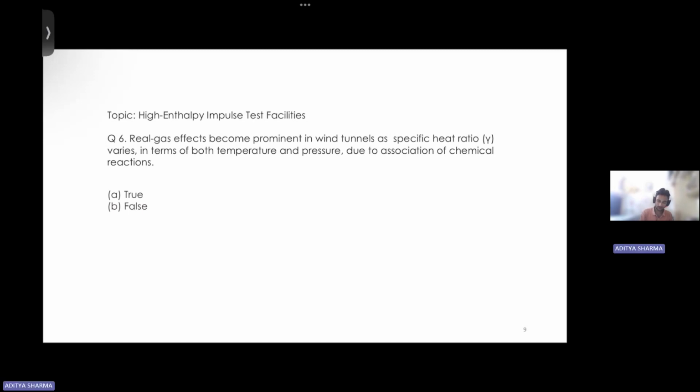So this question is about wind tunnels, right? It says that the real gas effects become prominent in wind tunnels because gamma varies in wind tunnels, because the chemical reactions are in the picture in the case of wind tunnels.